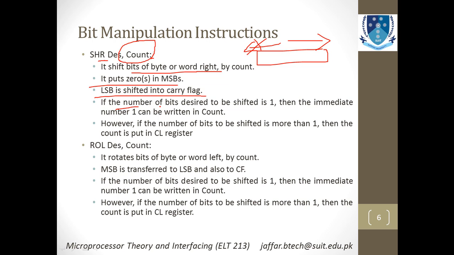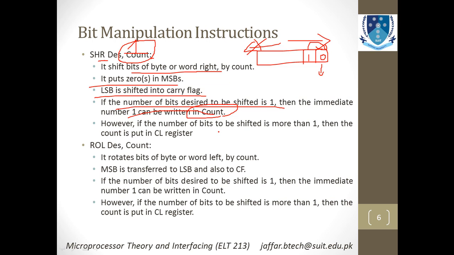If the desired number of bits to shift is 1, then the count is 1. Let's say this is your 0 and this is your 1, and you want this bit to come over here. You write that the count is 1, so this will move the bits one by one to the right hand side.